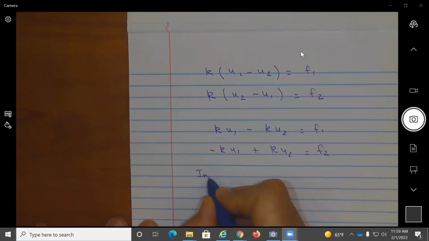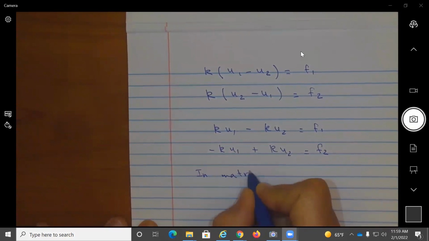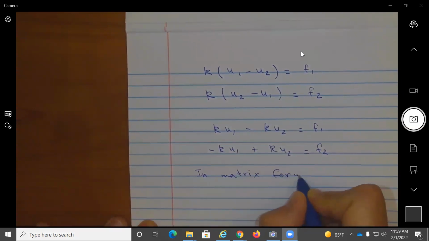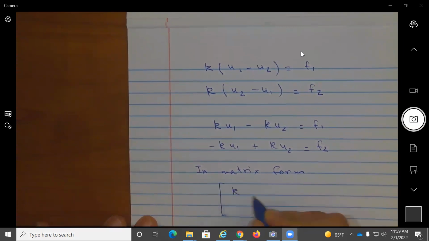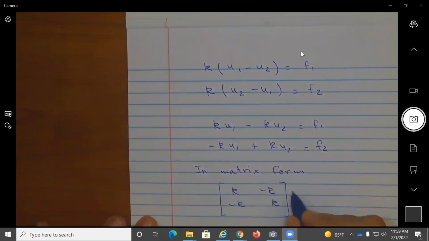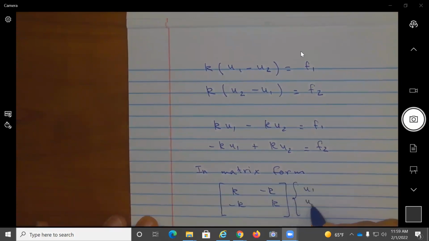In matrix form, you can write it as K, minus K, minus K, and K times U1, U2 is equal to F1, F2.